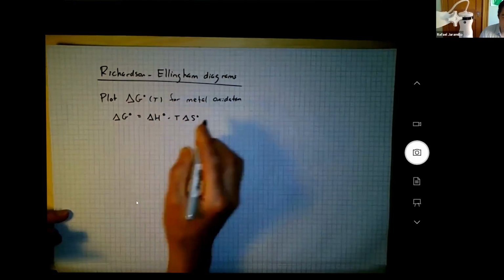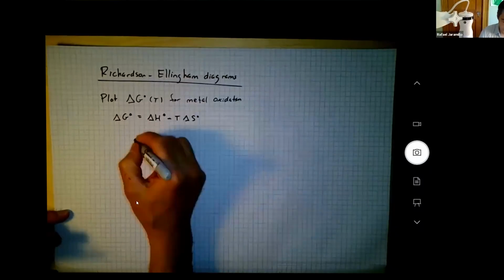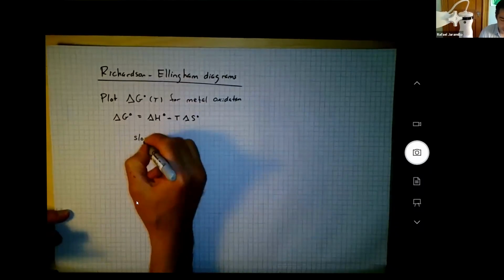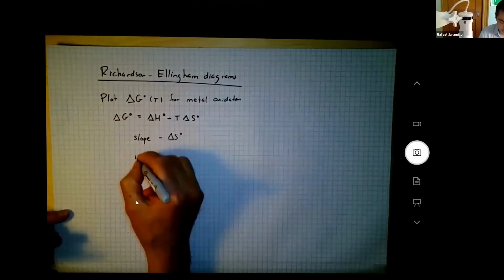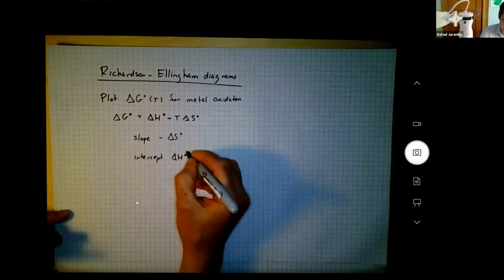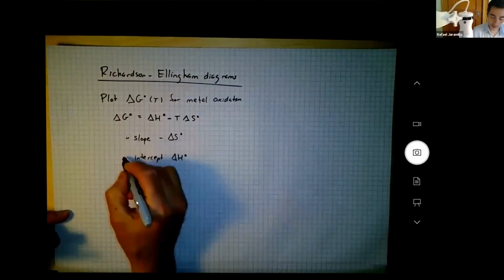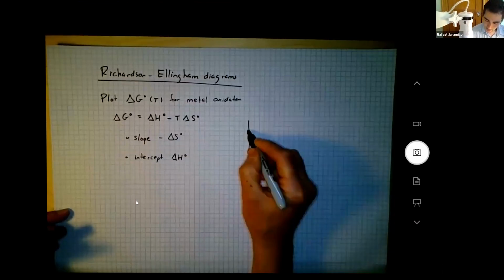As you know, it's like this. And so this is a pretty simple thing. This is a line with slope minus delta S naught and intercept delta H naught, right? This is a really, really simple line.